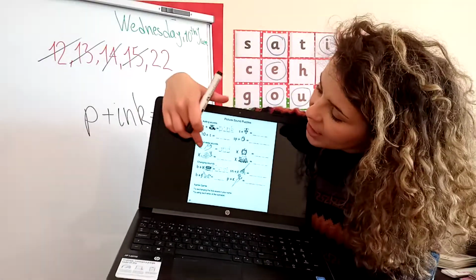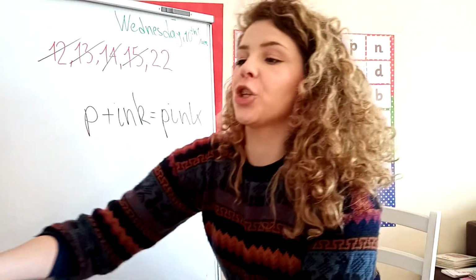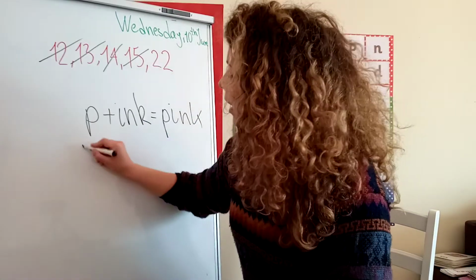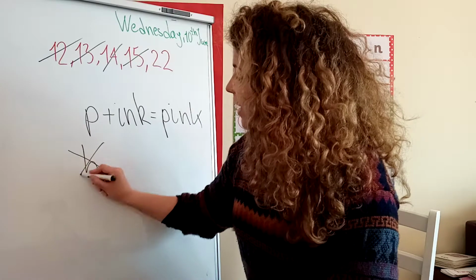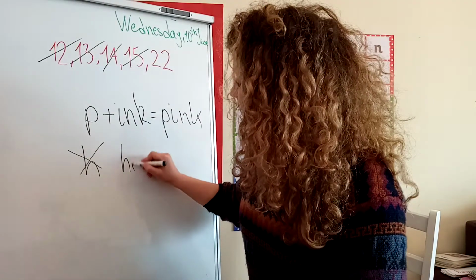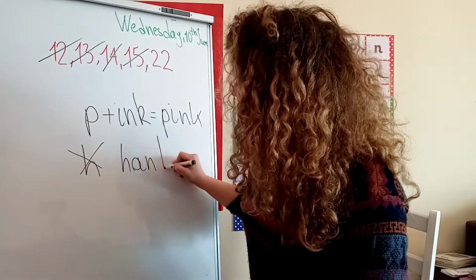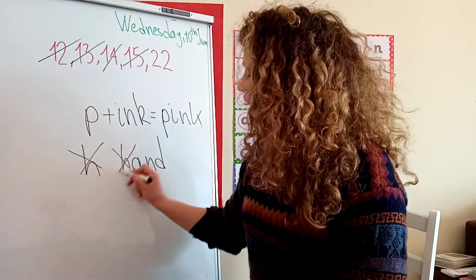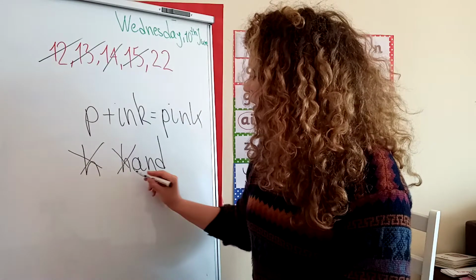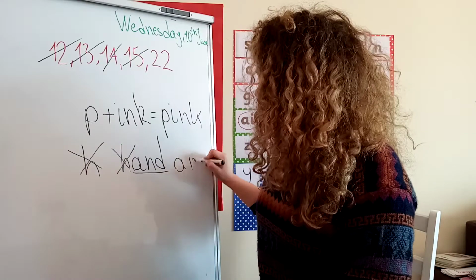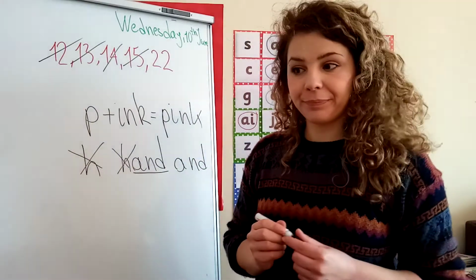So you can see here, you have H, but this H is crossed out, and next to it is a picture of a hand. So what happens when we cross out H from hand, we are left with and. Okay? So the word you get is and.